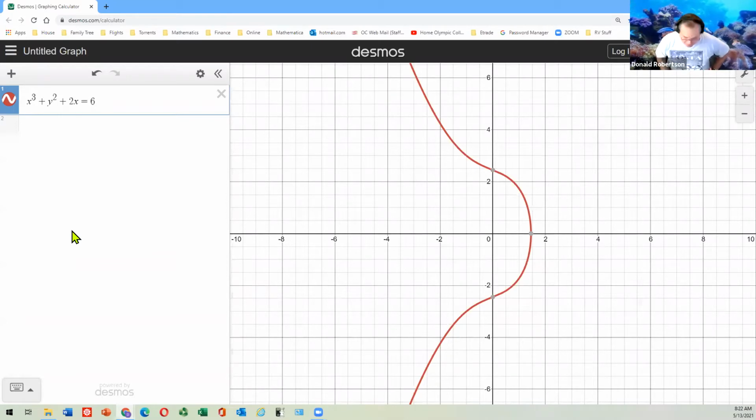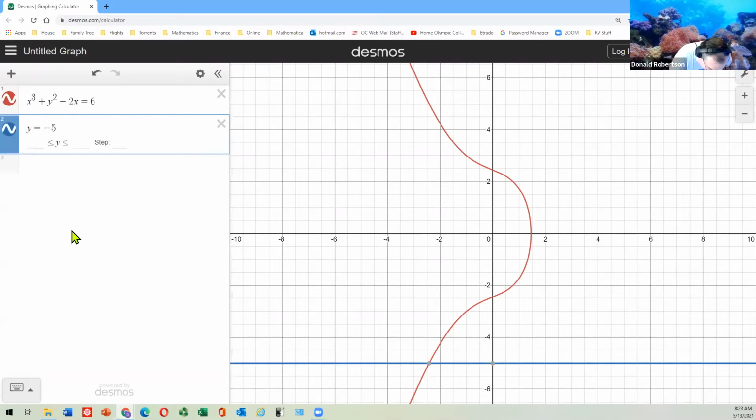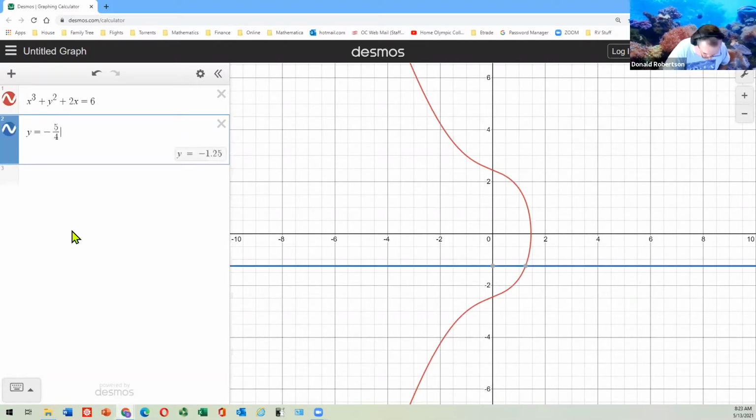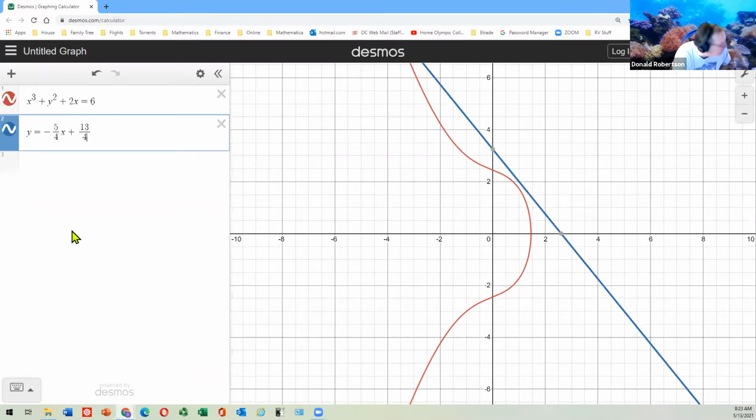Looks something like that. And then I'm going to write my equation of my tangent line, which is y equals -5/4 x. Oh, I forgot the x. -5/4 x. So let's do that. -5/4 x plus 13/4, right?